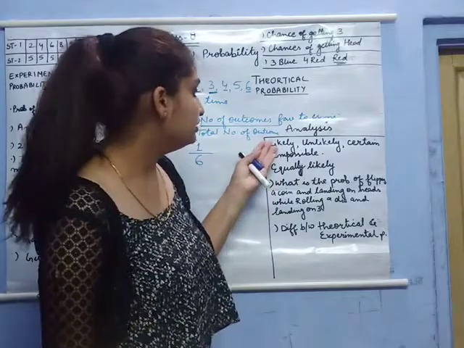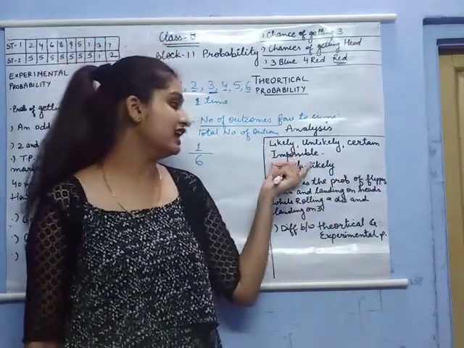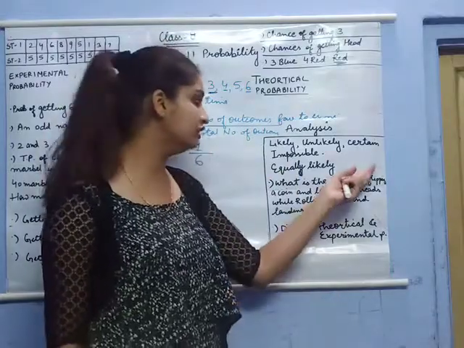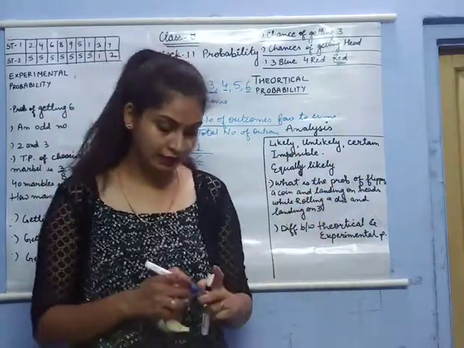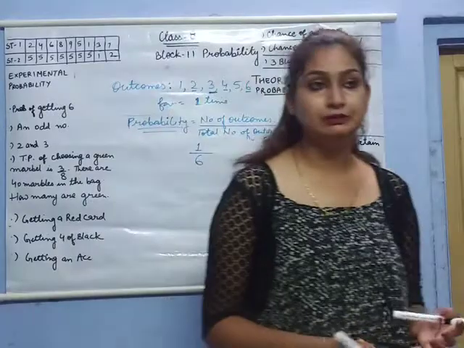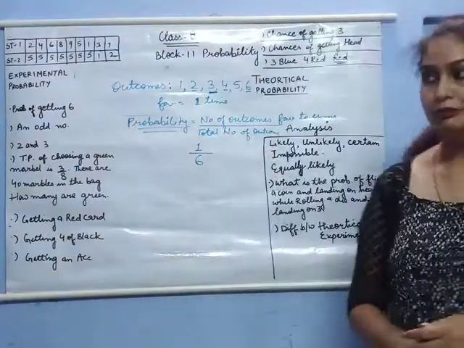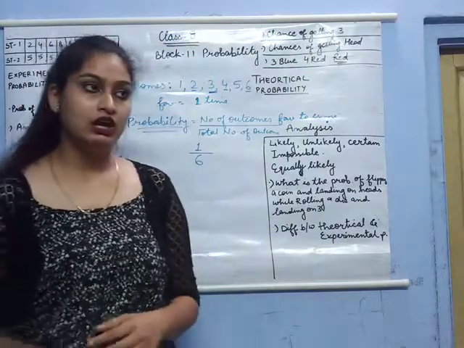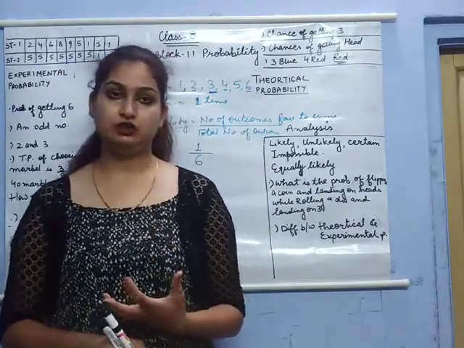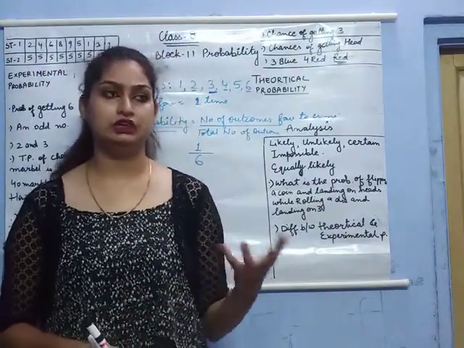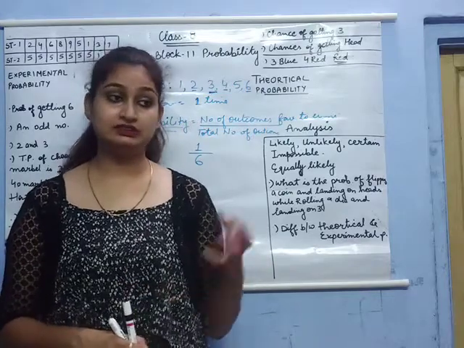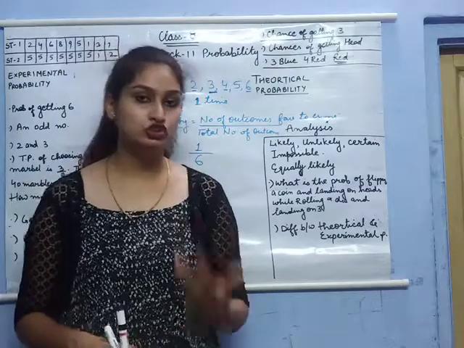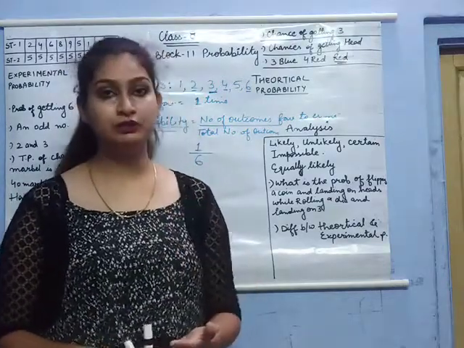We will talk about some events today. Some events are equally likely to happen, some are impossible events, some are certain events, some are likely, some are unlikely. What do these terms mean? Suppose I give you an example: the sun rises from the east. What are the chances of this event happening? It is for sure the sun is going to rise from the east only, right?